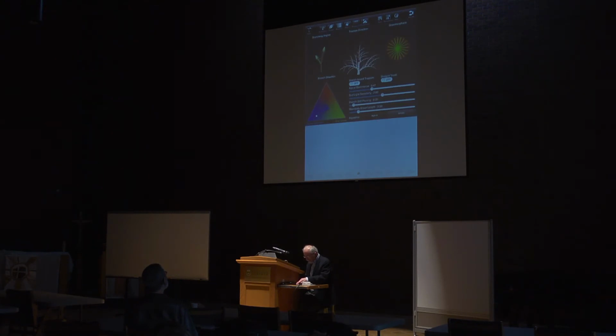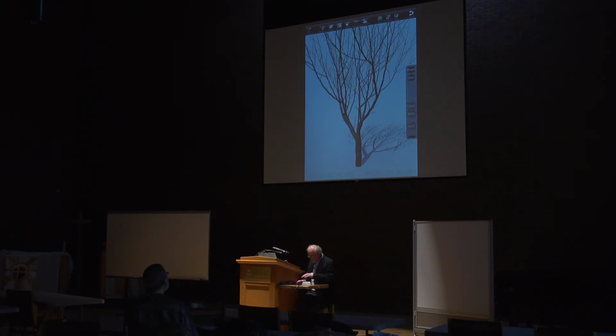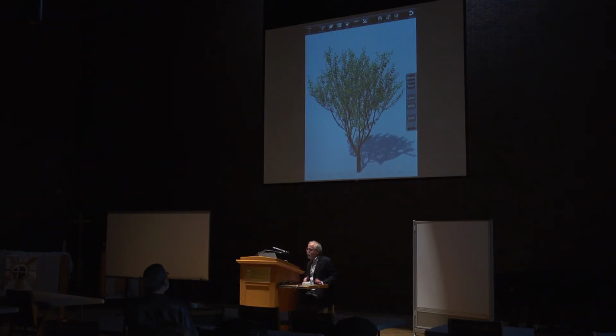We can change tropism from the downward tropism, which was present in the example just shown, to the upward tropism, and grow again. And you can see that we obtained, well, a very different effect.